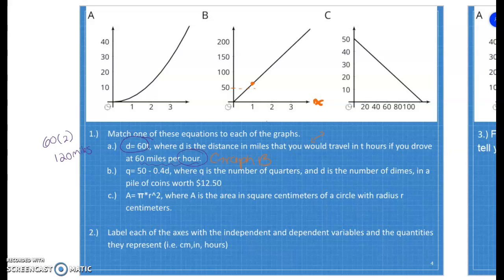All right, so in the second one, we're going to label each axis with the independent and dependent variables, so the x and y axis. My x-axis, since I'm going miles per hour, is going to be hours, or time. And on our y-axis it's going to be miles, so distance.